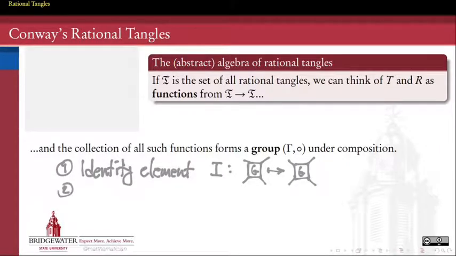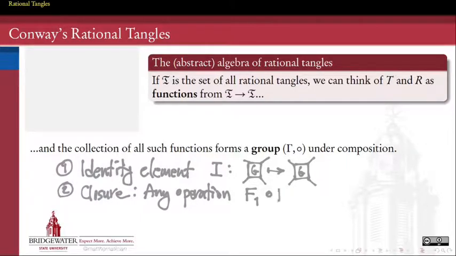It has the closure property. So any operation that we can do, what should I call it? Let me call it F1, composed with another operation F2, gives another element of my group.